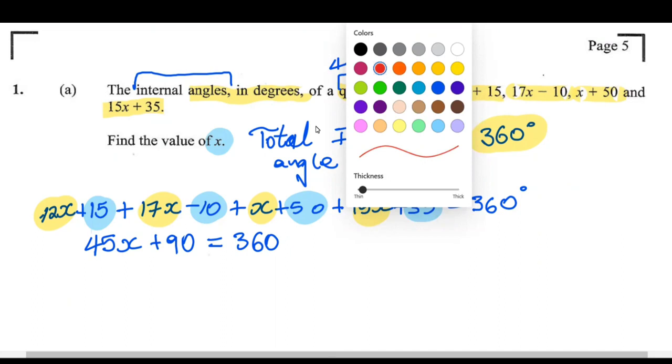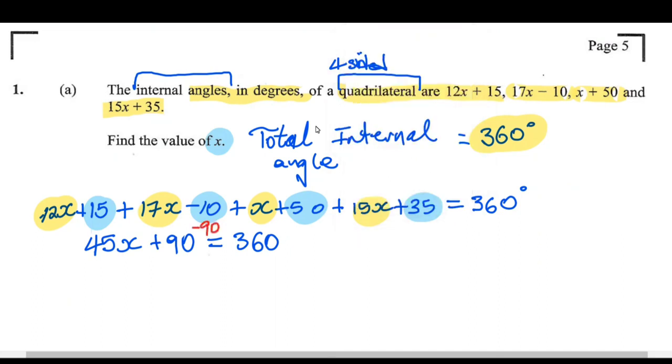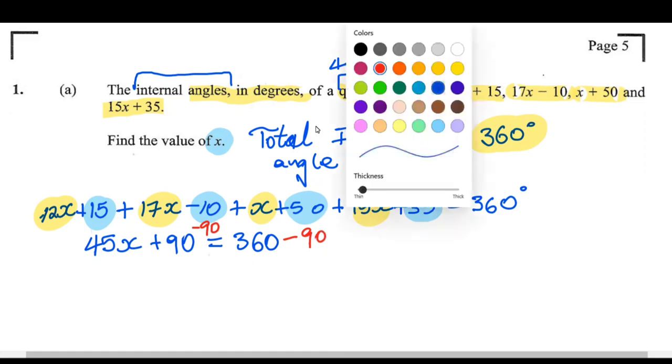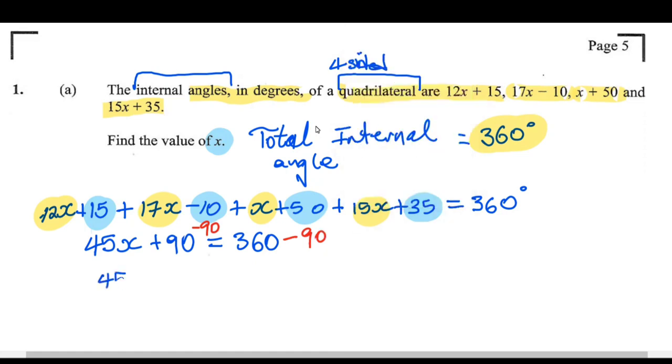So we're going to be subtracting the 90 from both sides, so that we're left with 45x, which is equal to 270. Then what we want to do at this time is divide both sides by 45, and in so doing, we intend to find the value for x.